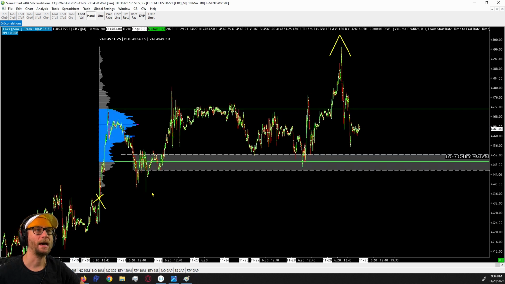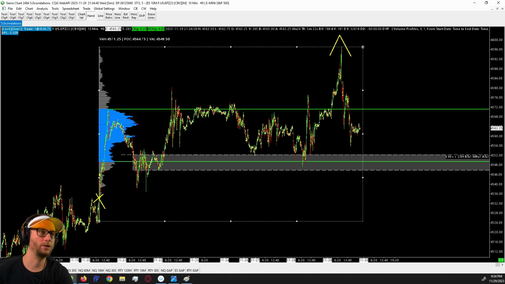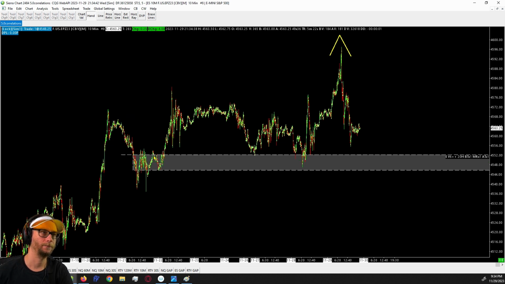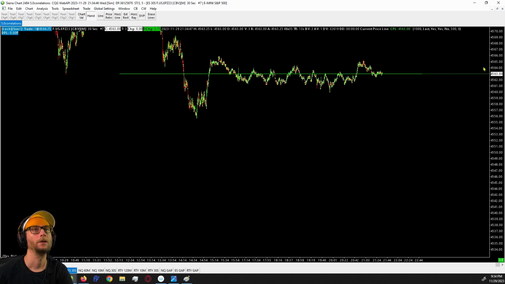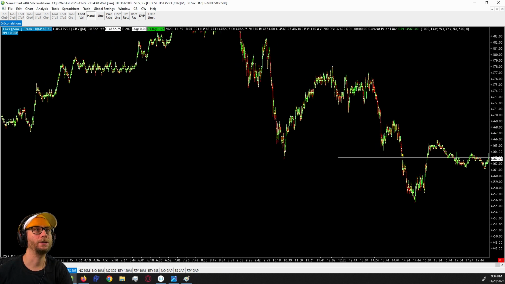So yeah, that is range expansion. You have a bunch of smaller ranges, and then the way the price action chops around, it creates a bigger range. So let's look at a 30-second chart. Okay, here's a 30-second chart.